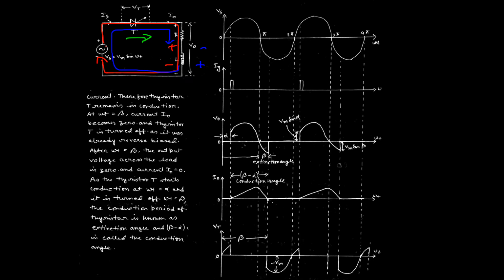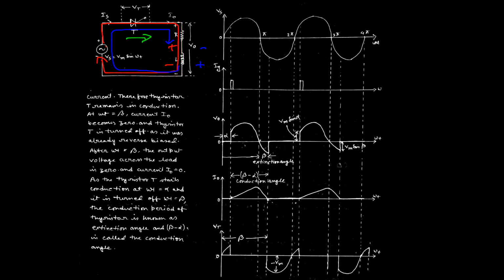Through this discussion it has been found that in case of forward biasing condition, when the supply voltage has the first positive cycle, I am talking about 0 to pi, the voltage appearing across the load is positive. That means the current starts flowing from the supply to the thyristor, then the load.